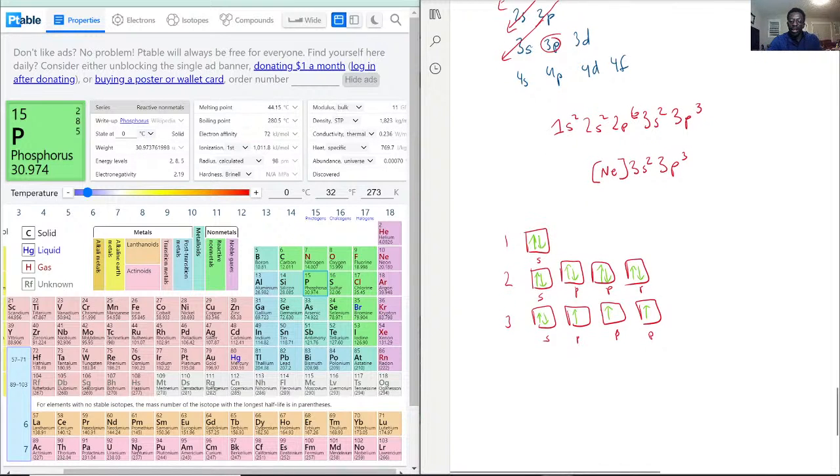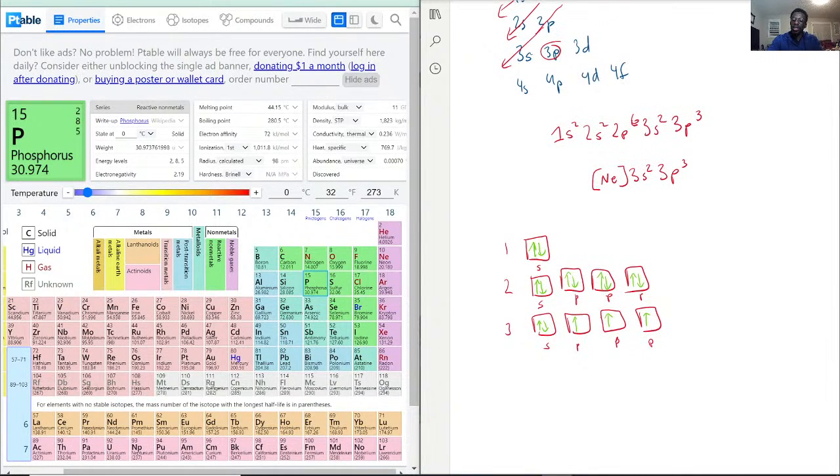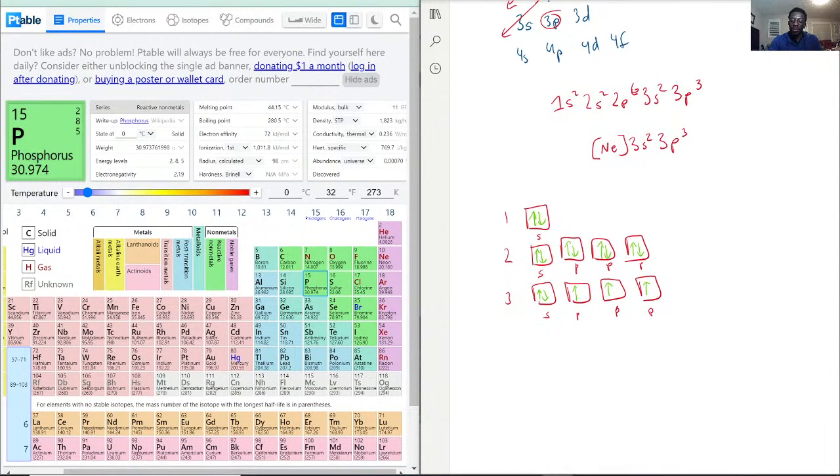So with that being said, the noble gas notation for this, okay, think of it as we just say that it starts with neon, okay, and then we have our boxes again. Alright, and then forgot one more box.